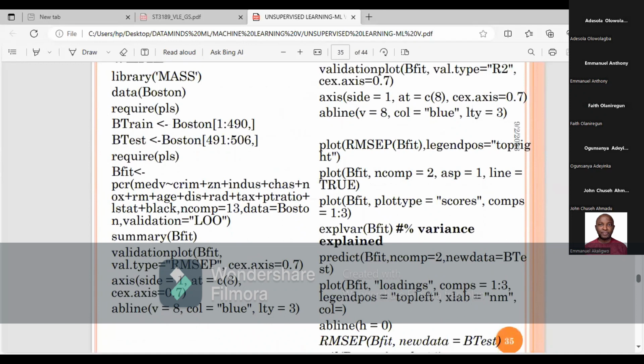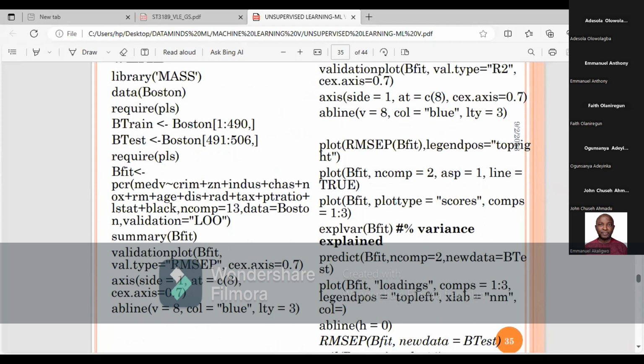Then we have our lab session. We call our library MASS, because the Boston data set is in that library called MASS. Then we call our PLS. This function will help us to obtain our principal component analysis. Then we train on rows 1 to 490.